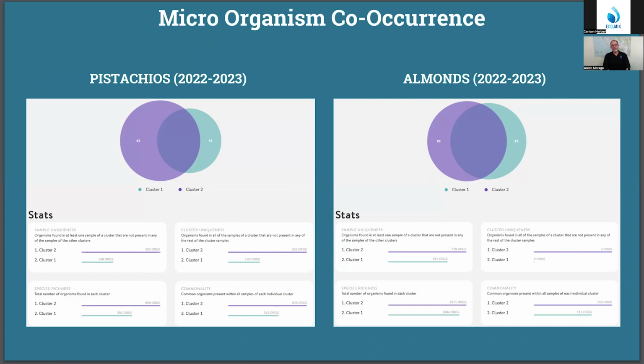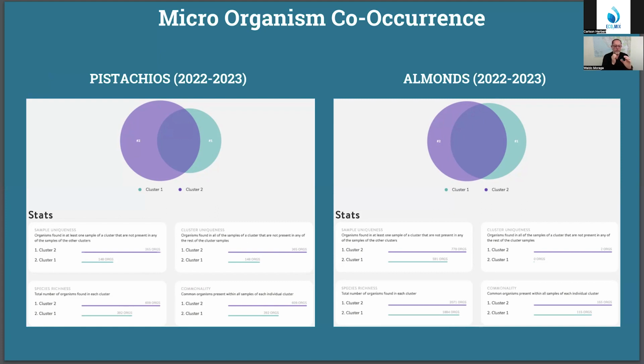Here, other important information that BeCrop gives us is the microorganism population and how it changed over time. In this example, for pistachios and almonds, you can see the blue circle is the quantity of unique microorganisms that were in 2022.